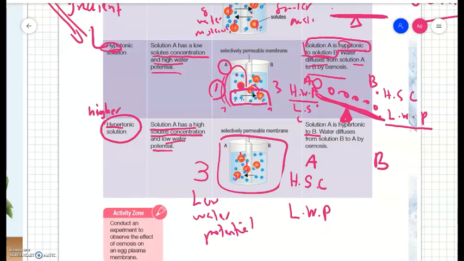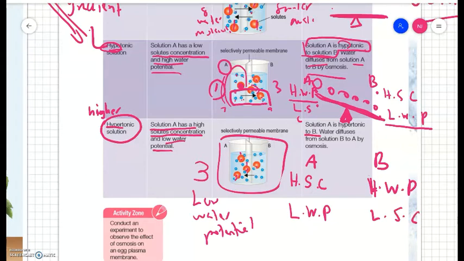Lepas tu kalau B pula, it has low solute concentration, high water potential. Cikgu mau kasih vice versa ni sekejap. High water, okay, it has high water potential, low solute concentration.